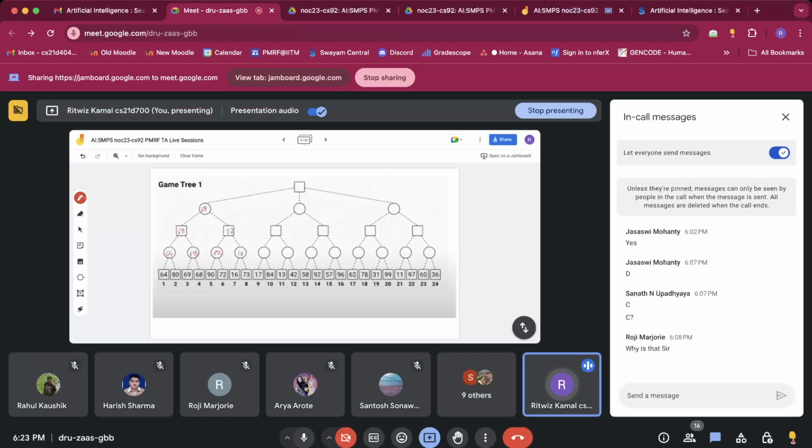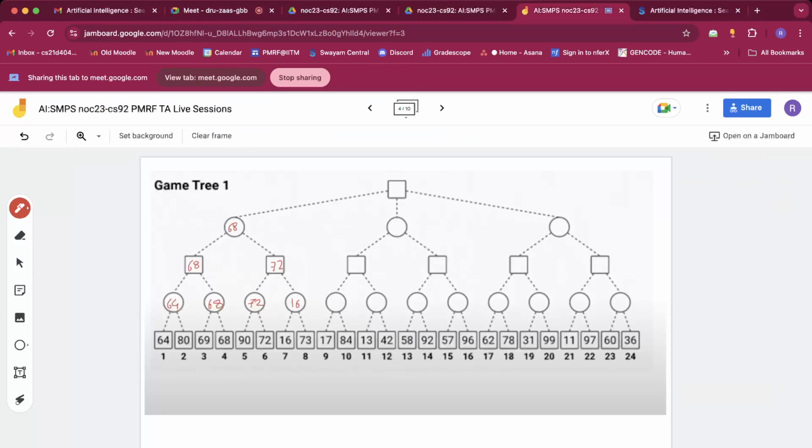Any doubts up till this point? Okay, that's great. Let's solve the rest of it as well. So this will choose 17, this will choose 13, and this will choose 17, right? Please correct me if I am making any mistakes along the way. Please feel free to unmute yourself and let me know.